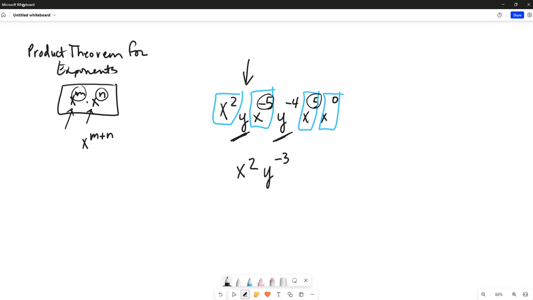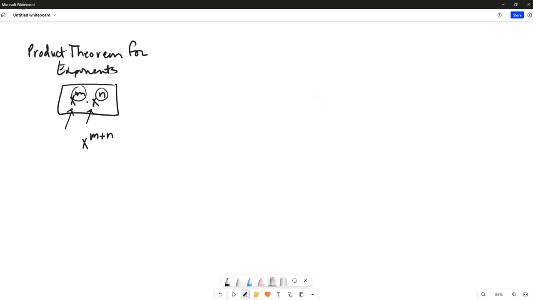Now, let's take this same principle and apply it when it's in fraction form. So remember from the previous part of this lesson that we can move these around, right? And that when I move this up here, then it's just going to be that same expression with the exponent with the opposite sign.